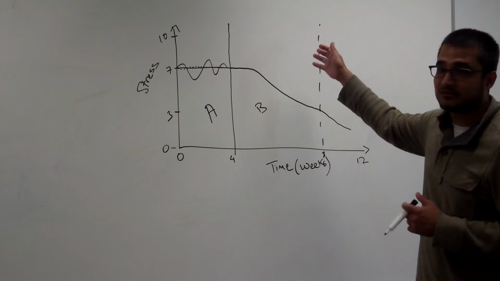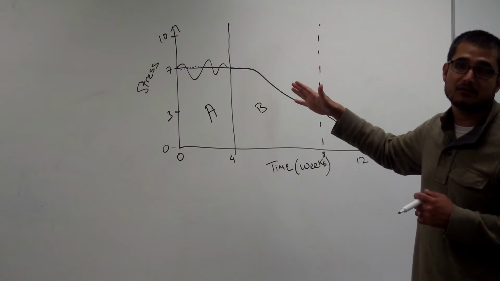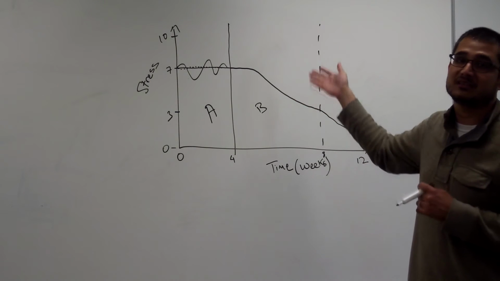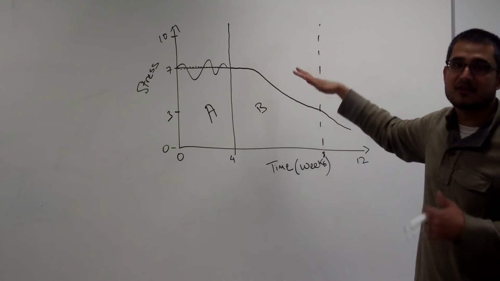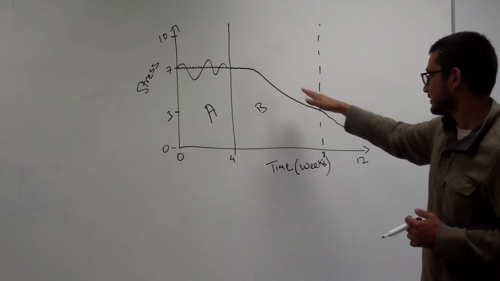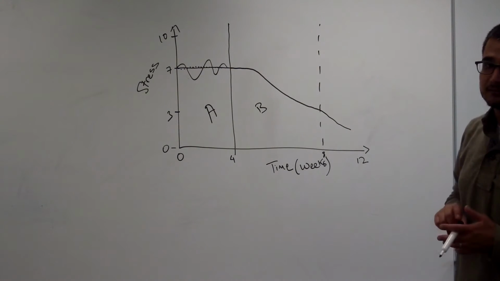Or it could be that the stress level was truly changing because of this person's outside environment, and the outside environment is very supportive and it's not adding stress, so it keeps declining.